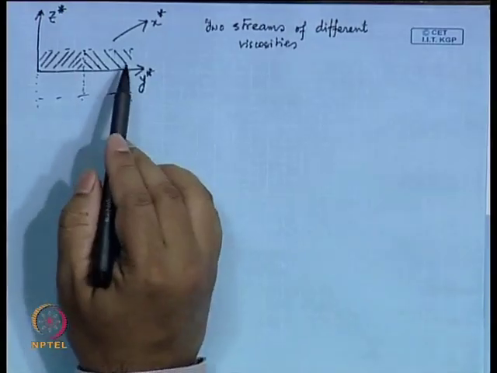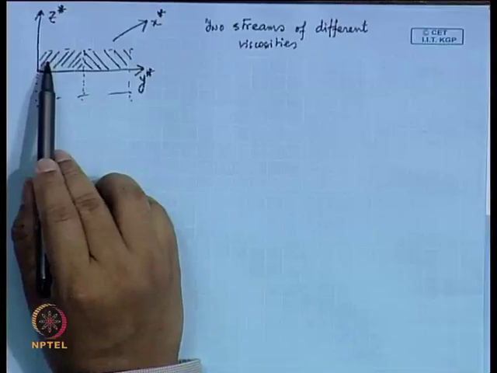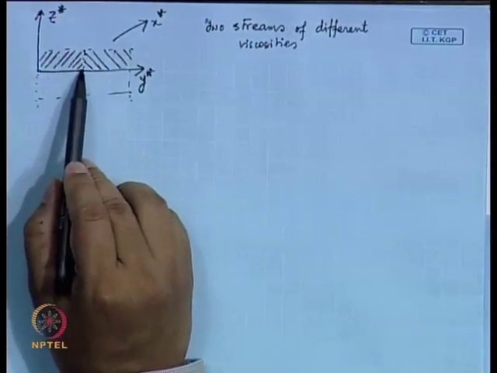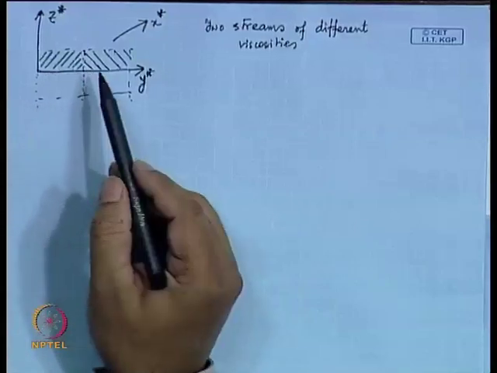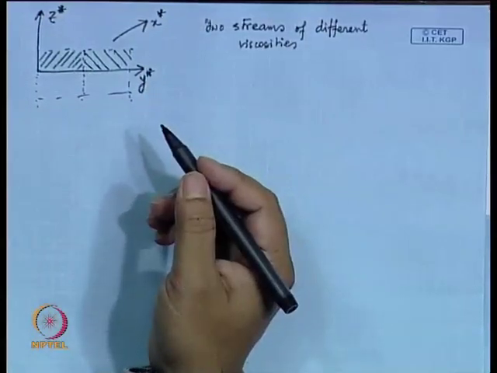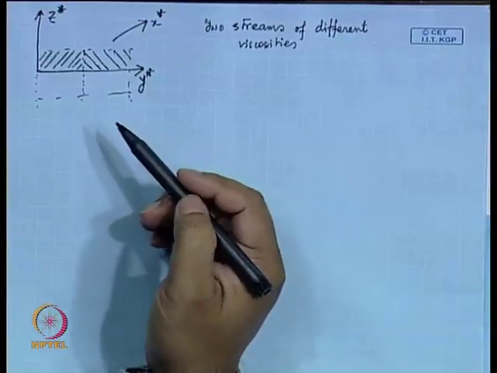You are doing the same thing, but instead of having a single liquid flowing through this entire channel, part of it is of higher viscosity and the other part is of lower viscosity. How would you solve this equation?